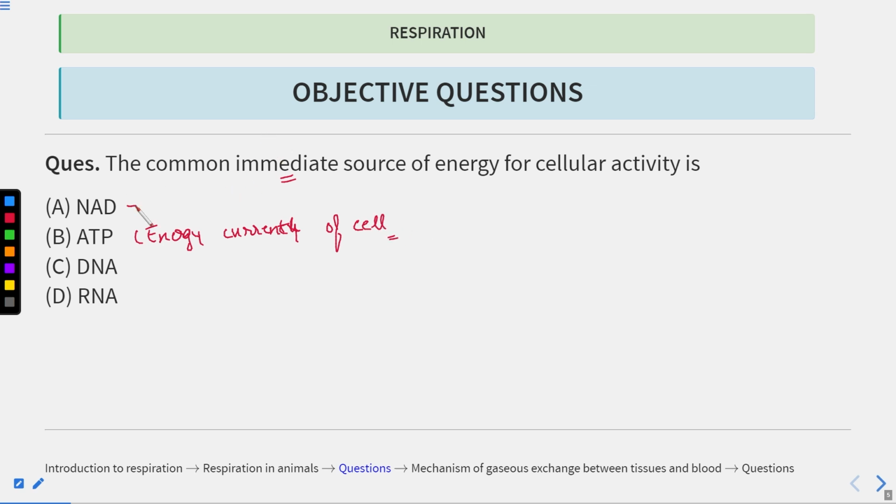Now, what is NAD? NAD is nicotinamide adenine dinucleotide. Then ATP is adenosine triphosphate.